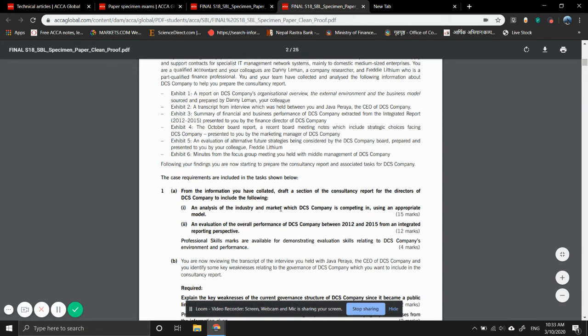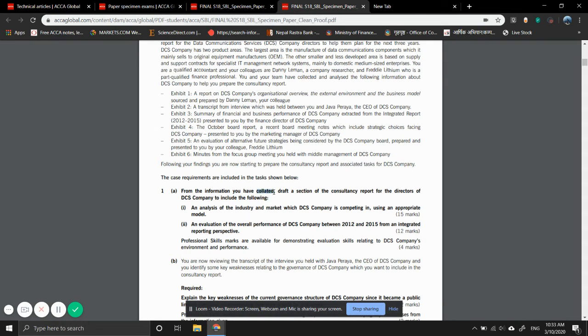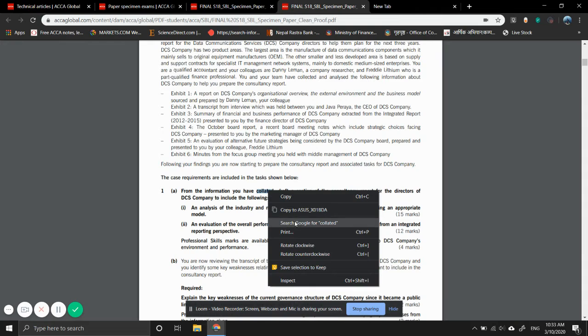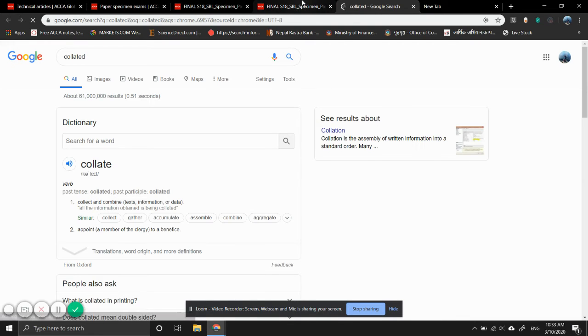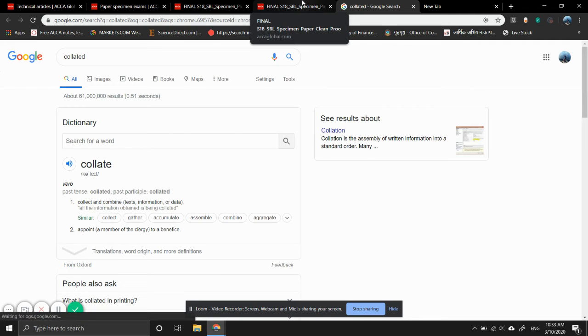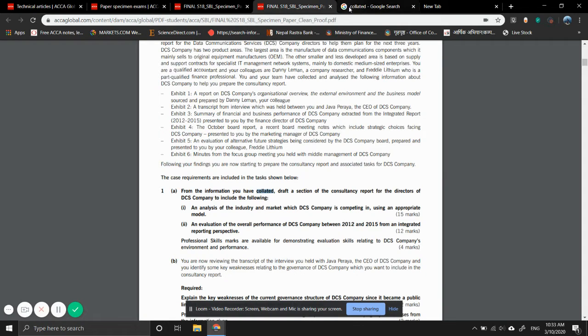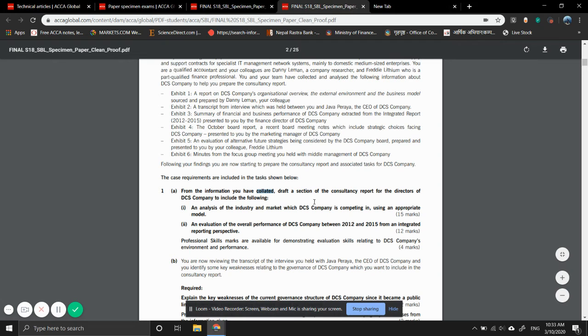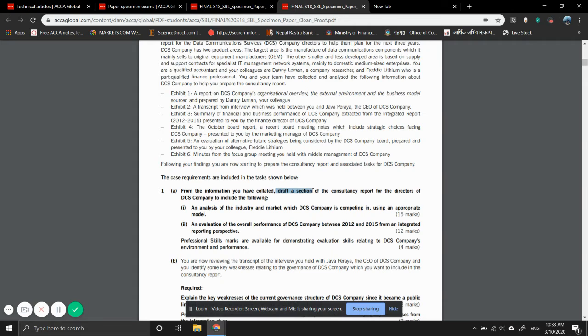From the information you have collected, draft a section of the consultancy report. It's like an extract, as we normally say in the case of financial statements.